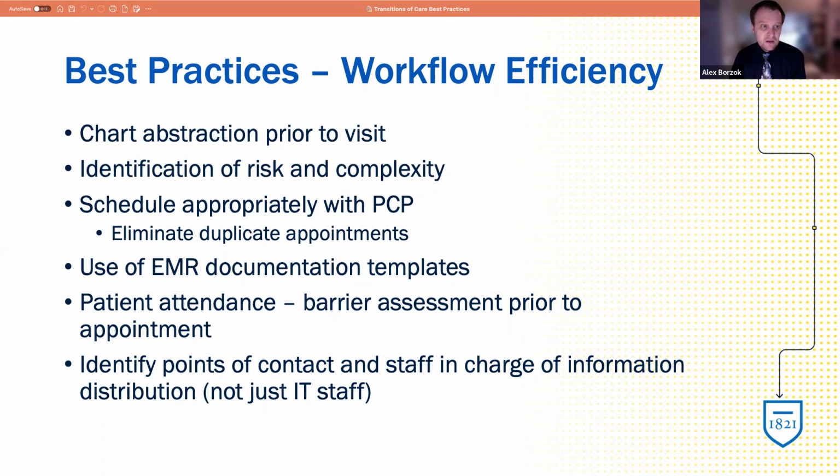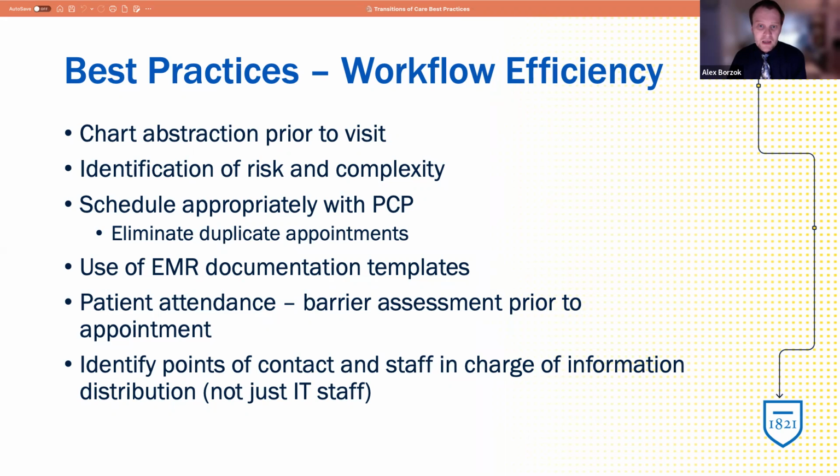The next thing that you need to do is consider, what are you using, if any tool, any evidence-based tool, to identify potential of readmission risk and level of patient complexity. This is going to help us on the other end where we talk about risk stratification and goal setting. Also, scheduling appropriately with your PCP is going to be a big thing.